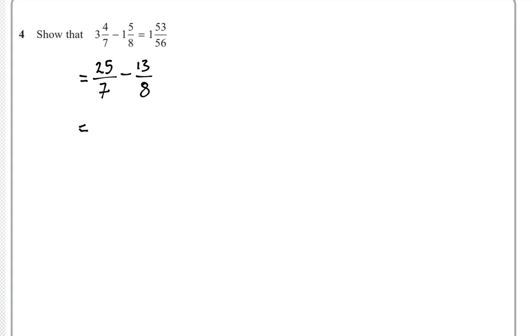Now, you can't add 7ths and 8ths together, so you've got to turn them into something that they both go into. So 7 times 8, they both go into 56. So how many 56ths? Well, 7 times what gives 56, or 7 times 8.